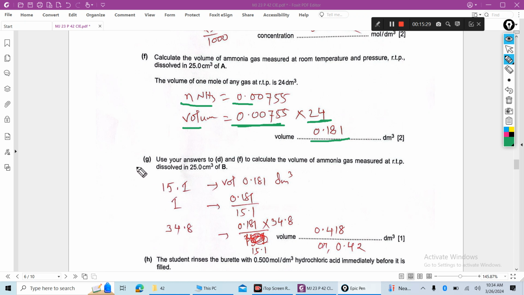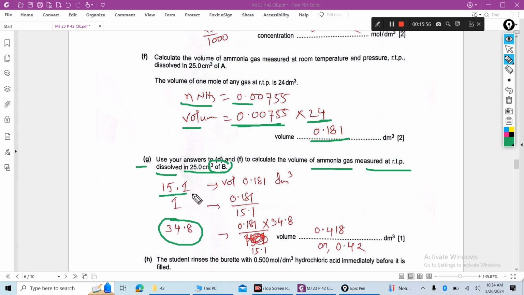Now question G, use your answer to D and F to calculate the volume of ammonia gas measured at RTP dissolved in 25 centimeter cube of B. You see for B the mean volume is 34.8.